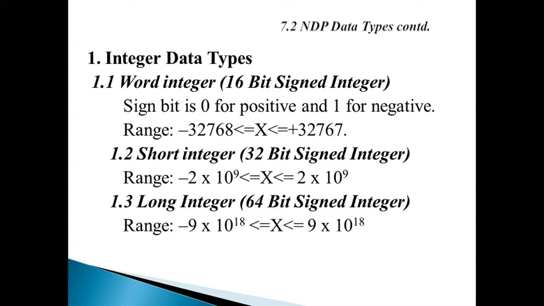Again the same convention, 0 for positive and 1 for negative. And the long integer has a size of 64 bits; it represents signed numbers ranging from minus 9 multiplied by 10 raised to 18 to 9 multiplied by 10 raised to 18.